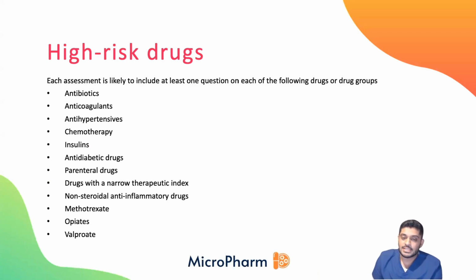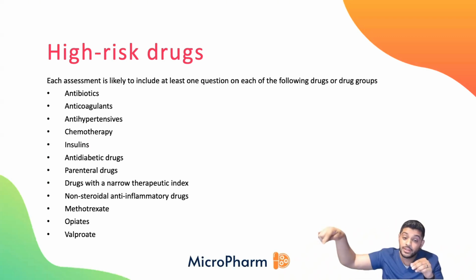Okay, these high risk drugs, why are they important? No, not necessarily, because this high-risk drug list is made by the GPhC, so it's not necessarily to do with TDM.